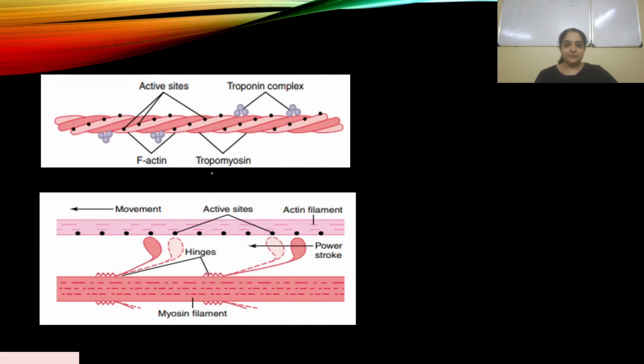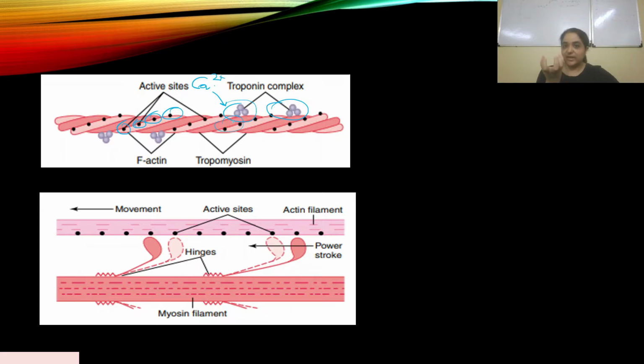Here, see, now the tropomyosin is in a groove-like structure, and you see the active sites as black colored dots here. These are the active sites. And you have your troponin complex over here, right? And obviously this is the actin, F actin, and the tropomyosin. Now once calcium ions bind to troponin C, this changes in such a way that the active sites get exposed.